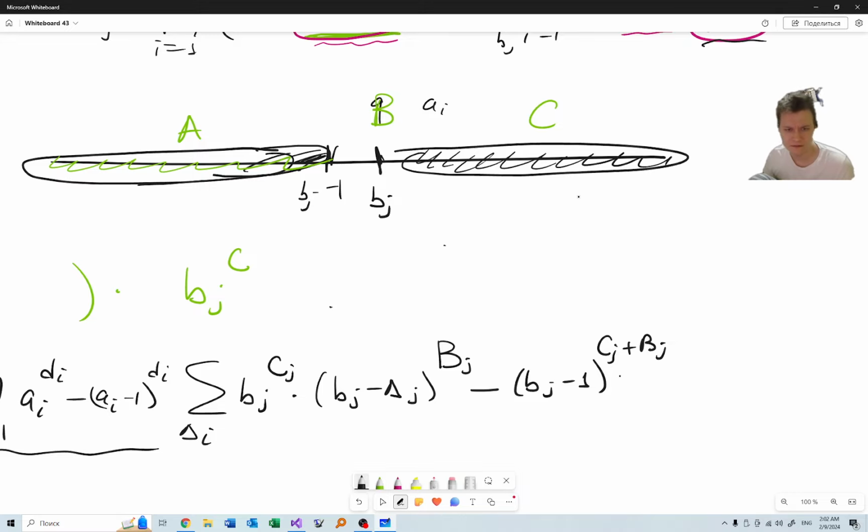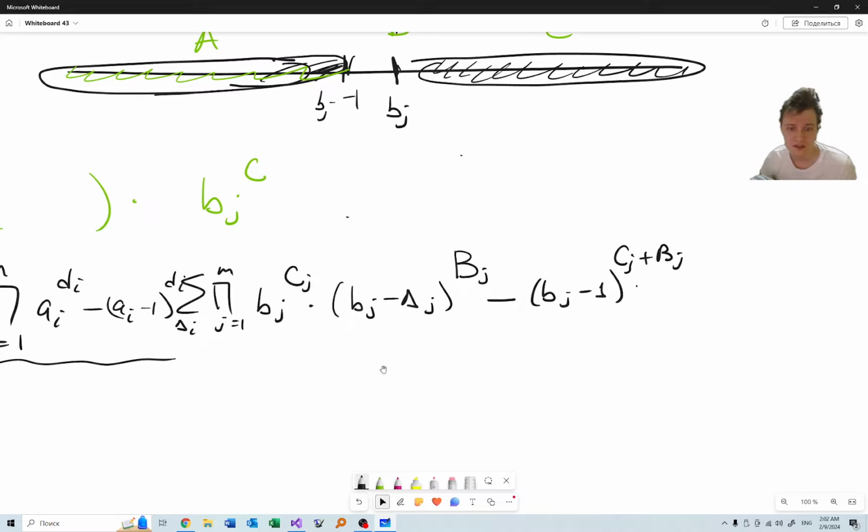So here we have a product of such things. Let's write it: sum of delta i's, product over j from 1 to m of this thing. And it is independent among all j's, so we can swap the summation and product. So we have the product from j equals 1 to m.